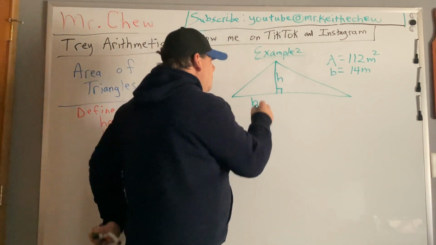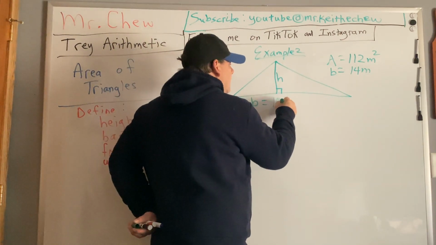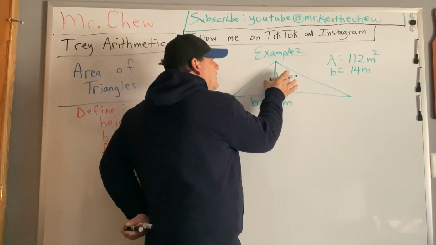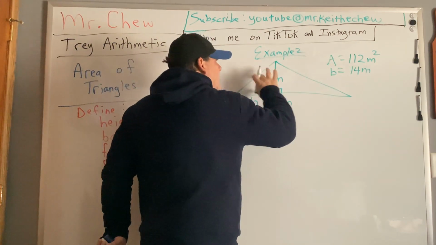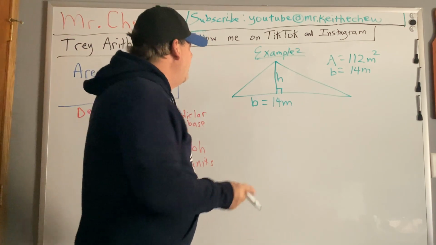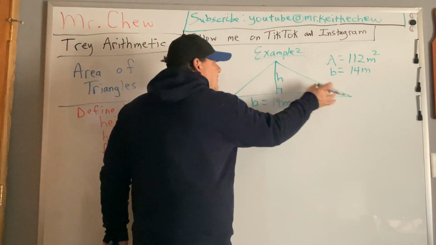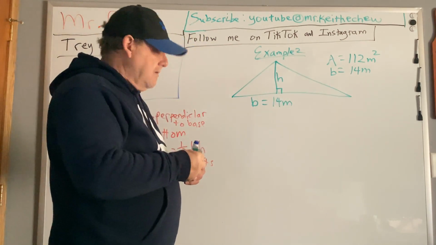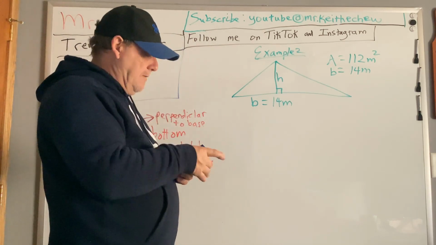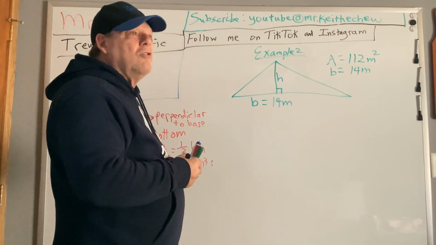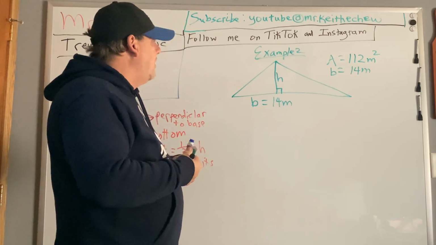All right, so let me draw that in. And our goal is to find the height because we're given how much space that took up. And remember, area would be the amount of space that the triangle takes up. If you were going to carpet an area, paint an area.